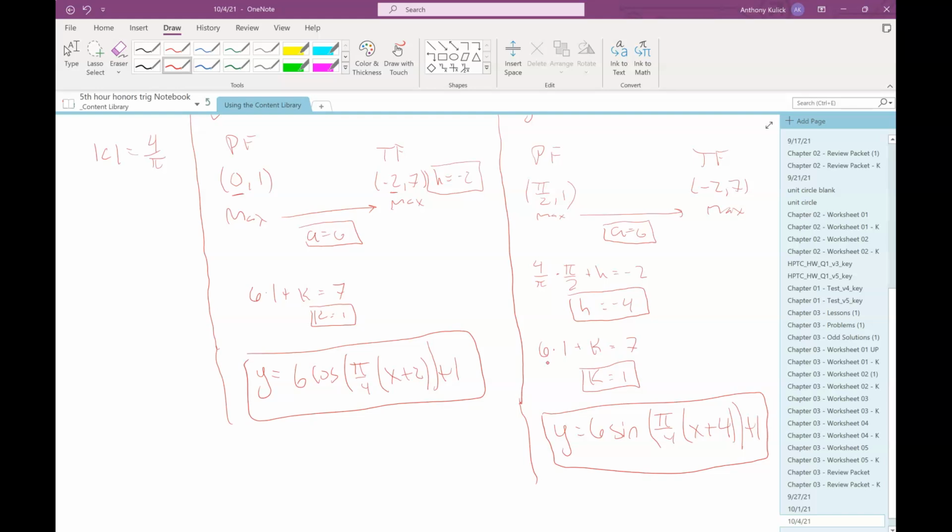If it's a midline, I'll just always use 0, 0. And again, you could use like 3/2, -1, that's the minimum, but it doesn't really matter. You'll get a different answer, but it's equivalent, it's still correct. Is everybody okay with that idea?